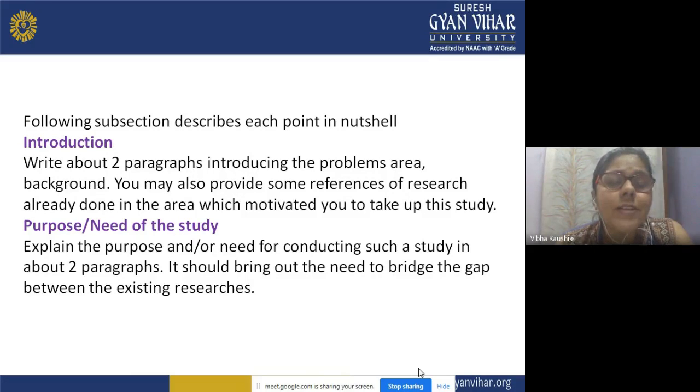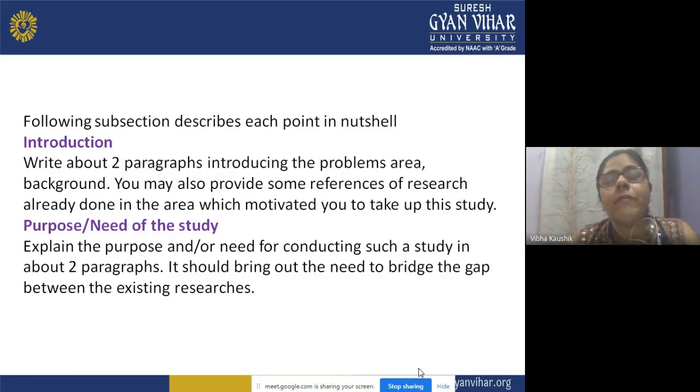The first one is introduction. Write about two paragraphs introducing the problem area. In the introduction, we have to write two paragraphs in which we introduce the problem area, the area on which the researcher is going to do his research.